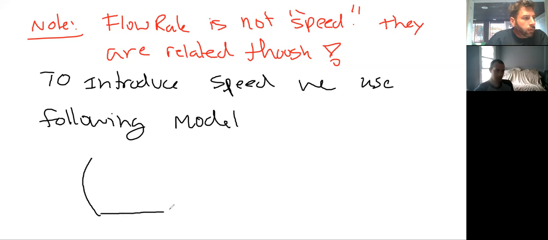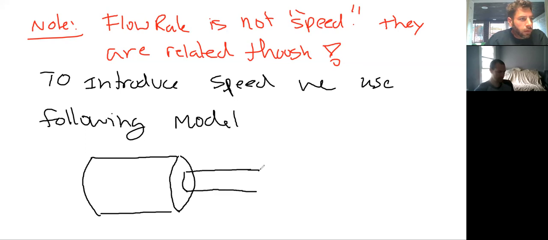We have our cylinder here with fluid moving. And then it's going to abruptly have to go into a cylinder of a smaller diameter. So maybe I should draw this more carefully to bring 3D into the picture.